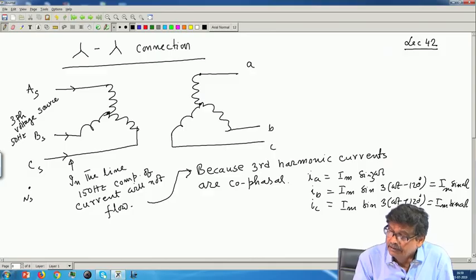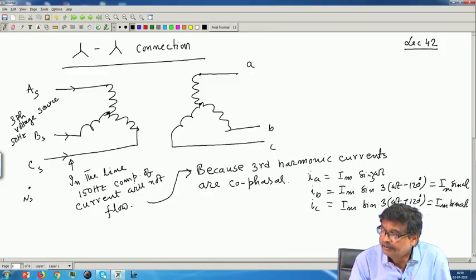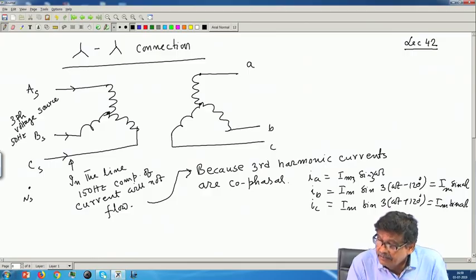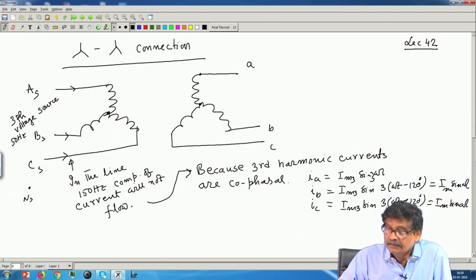Fundamental component will be sin omega t, sin omega t minus 120. I M 3, third harmonic magnetizing current, will be like this. So, they are cophasal.